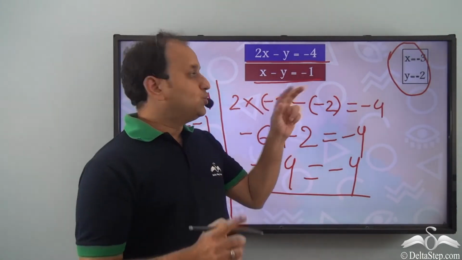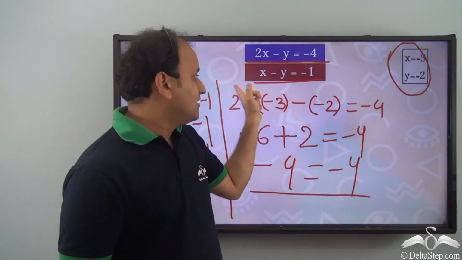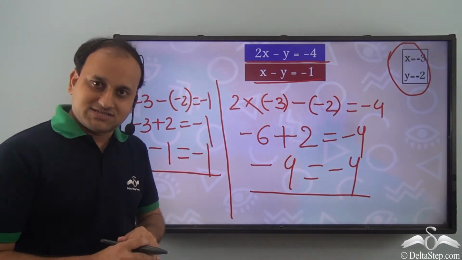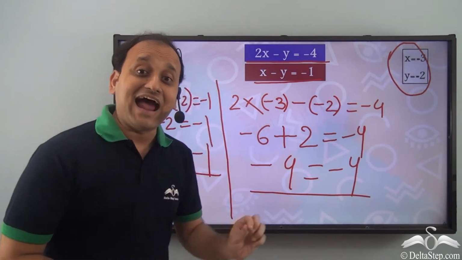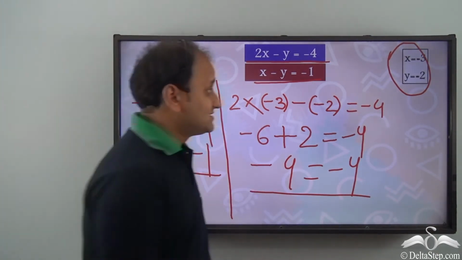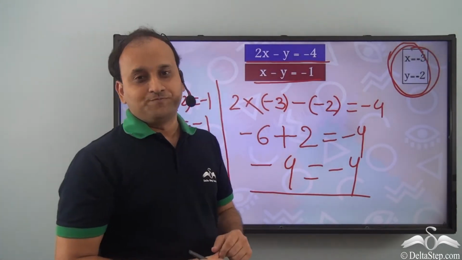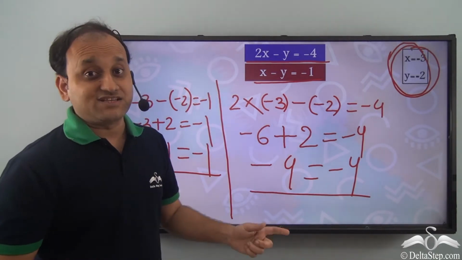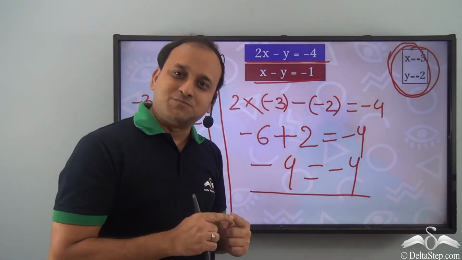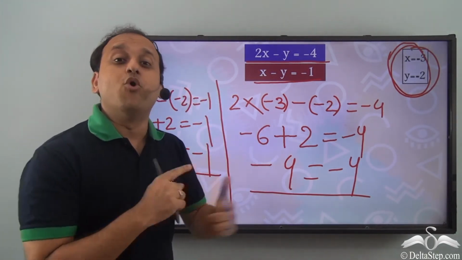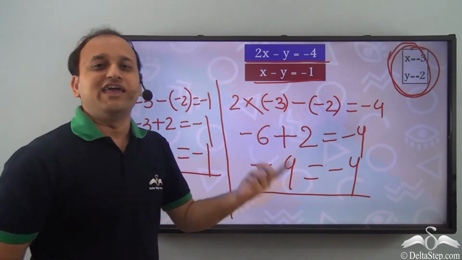That we had two different lines, one line representing this particular equation and one line representing this particular equation, and these two lines meet at a common point, and that intersection point is this. x is equal to -3 and y is equal to -2, and this is the only point which satisfies both the equations, and that is why it is the intersection point, because this point lies on both the lines, and this point will satisfy both the equations.